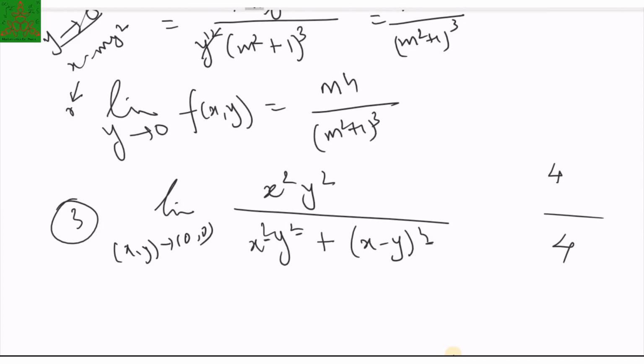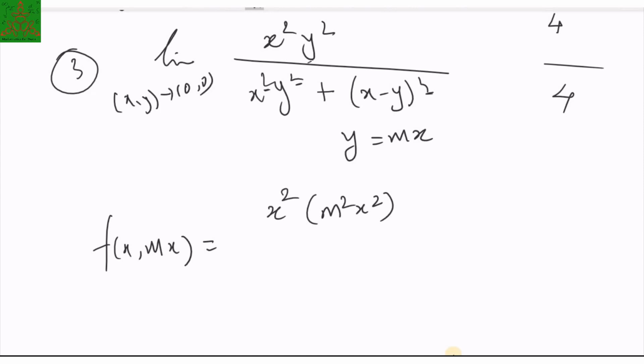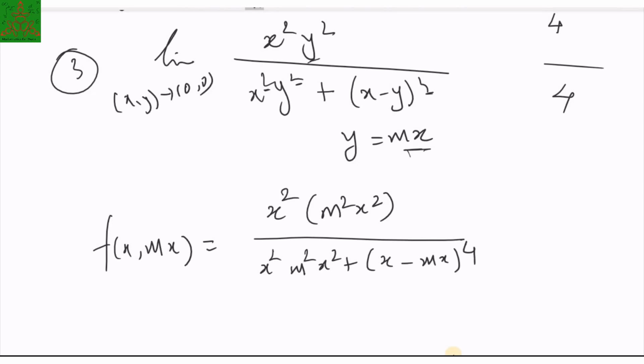So that's why here it is easy to choose the function y equal to mx. You take y equal to mx, it will have x square. So what is your f of x, mx? It will give you x square m square x square. If you replace y by mx, you will have m square x square upon x square m square x square plus (x minus mx) whole raised to 4.